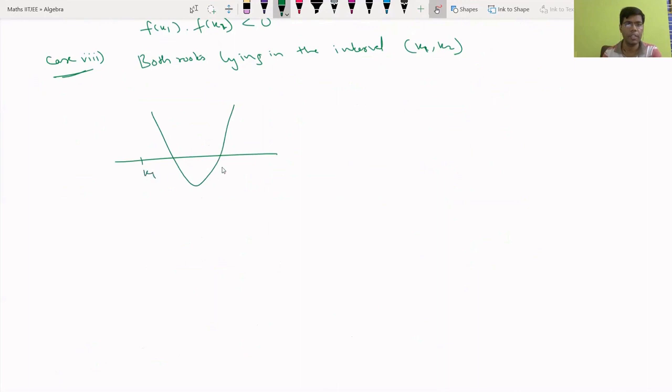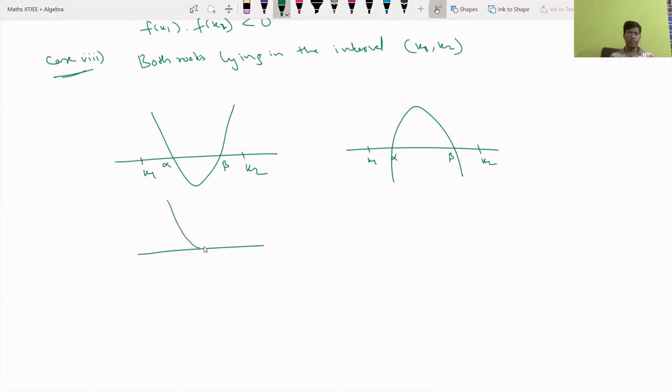So this is my K1, this is my K2. So both alpha, beta will lie in this interval. So this is one case, or this is K1, this is K2. Again, alpha, beta. So these are the cases which I will have when both the roots are lying in this interval. Obviously, if I have a common root, then it will be like this.